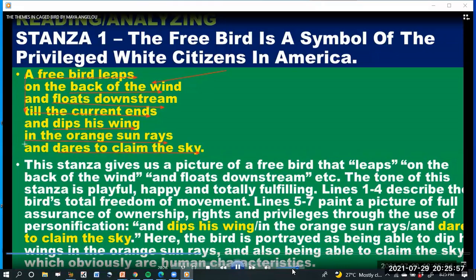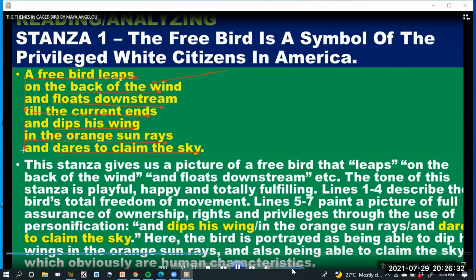Then in lines 5 to 7, you see a picture of full assurance of ownership, rights, and privileges, through the use of personification. Dips his wing in the orange sun rays and dares to claim the sky. Here, the bird is portrayed as being able to dip his wings in the orange sun rays and also being able to claim the sky, which obviously are human characteristics.